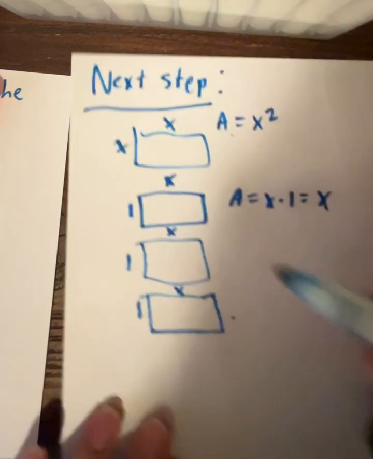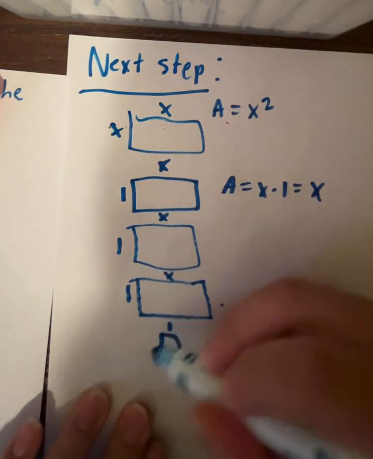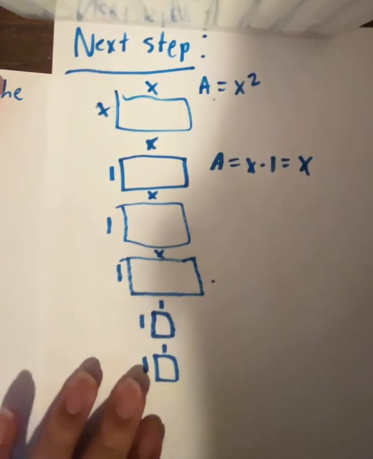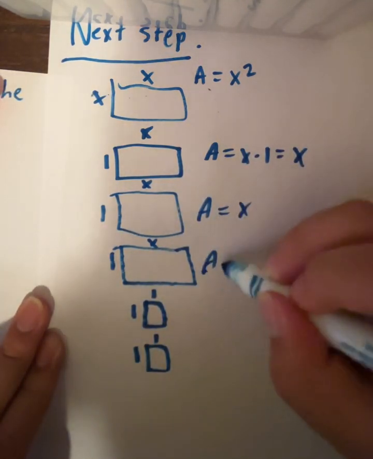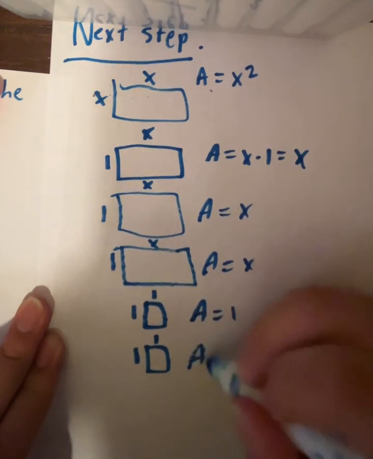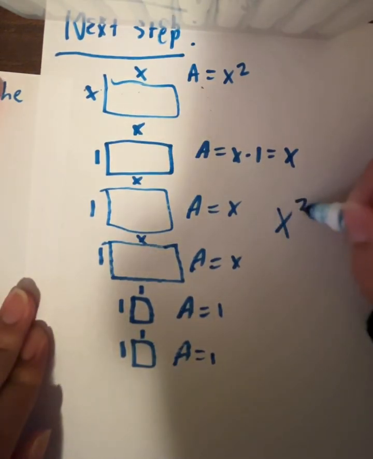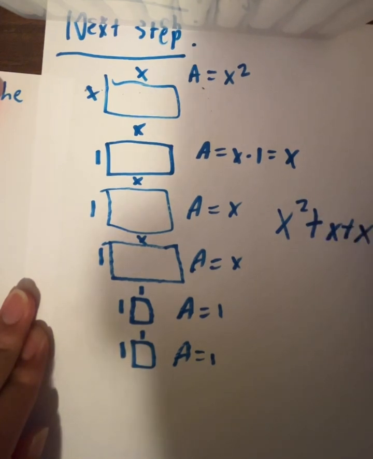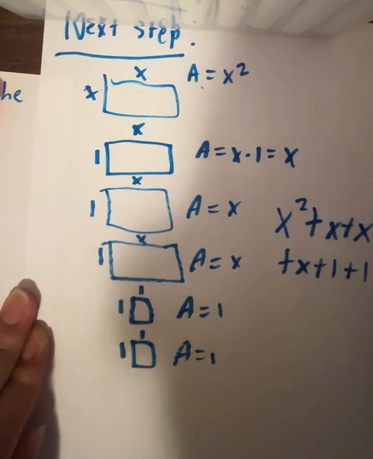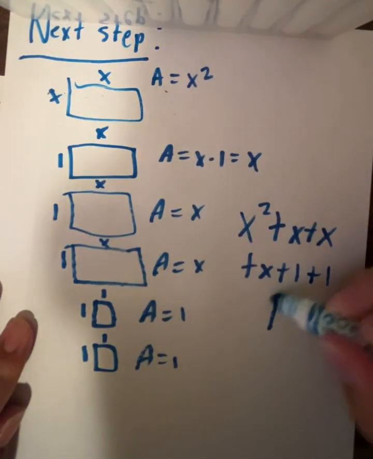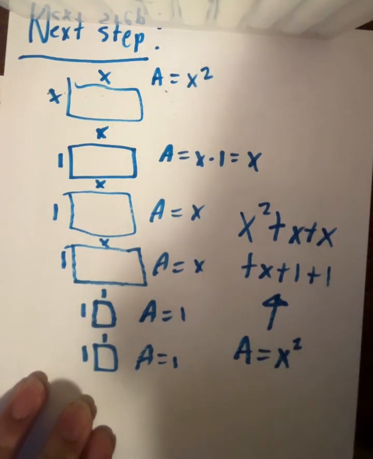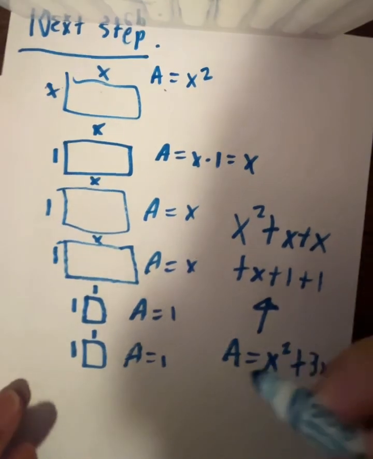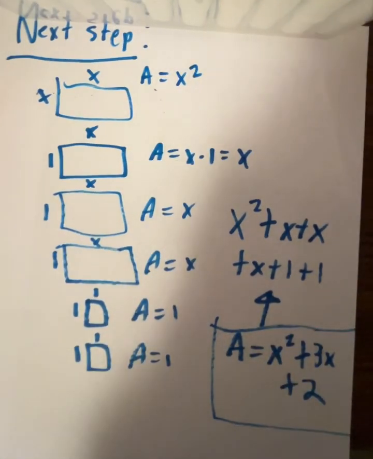And as I said before, we have 1 of each small square right here. And so when you add all of these together, you will have x squared plus x plus x plus x plus 1 plus 1, since that will be the total area of all of these shapes. And so area will basically just be x squared plus 3x plus 2. And that will be our final answer.